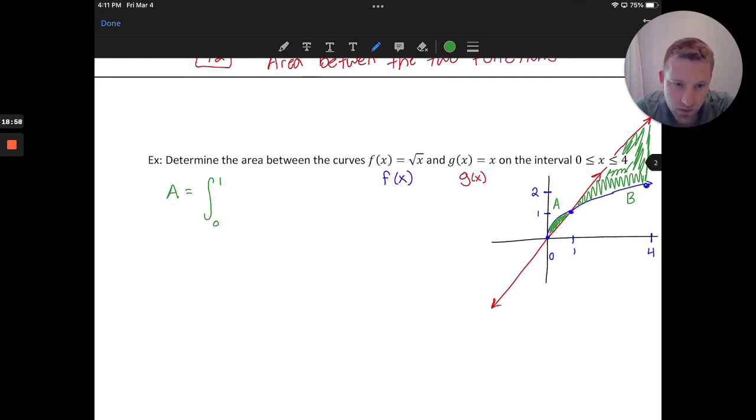Our upper function for this would be the square root function. So we could say the upper function is the square root function, subtract the integral of our lower function, which is just going to be x for us, dx.